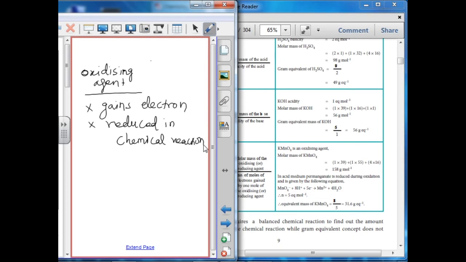So the oxidizing agent gains the electron and is reduced in the chemical reaction.